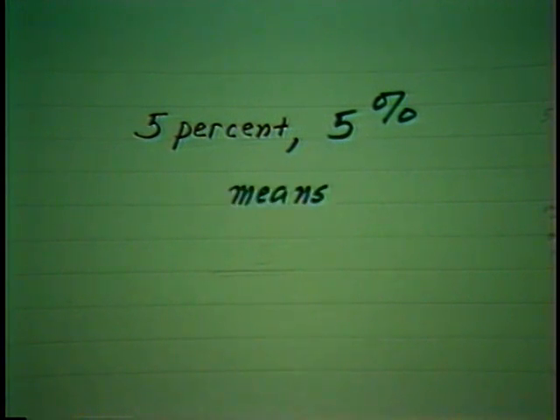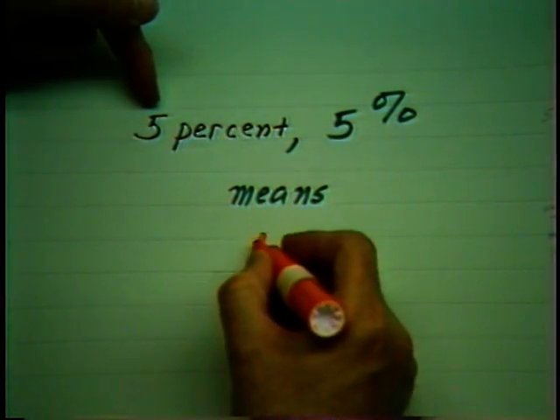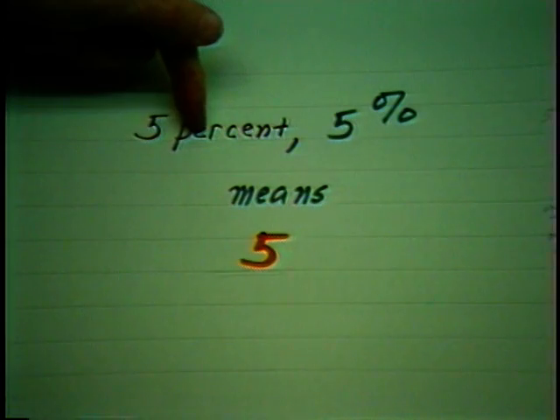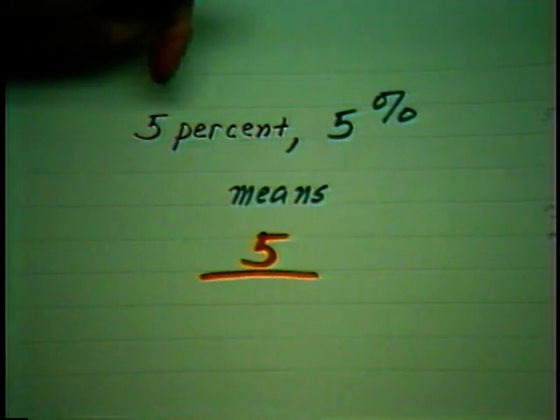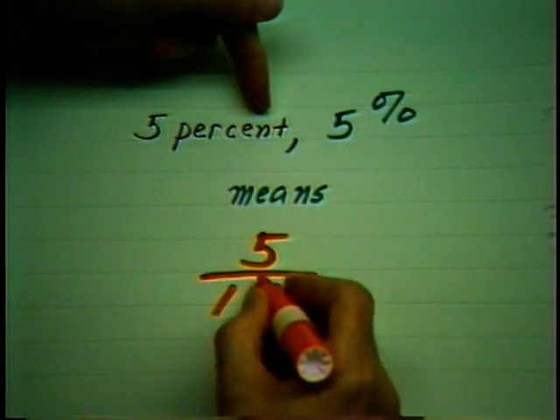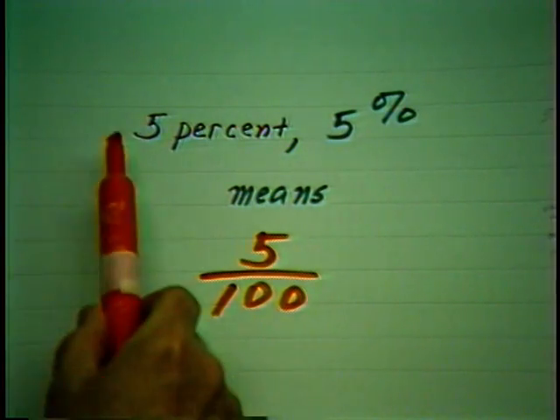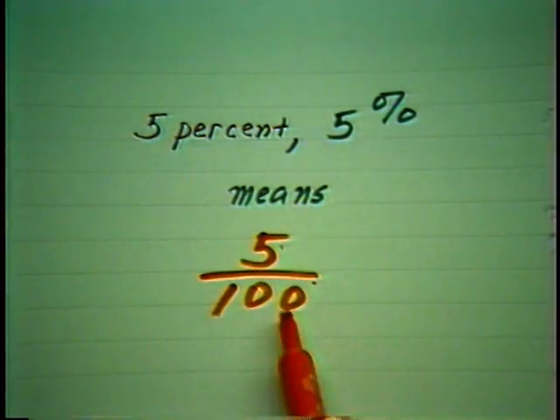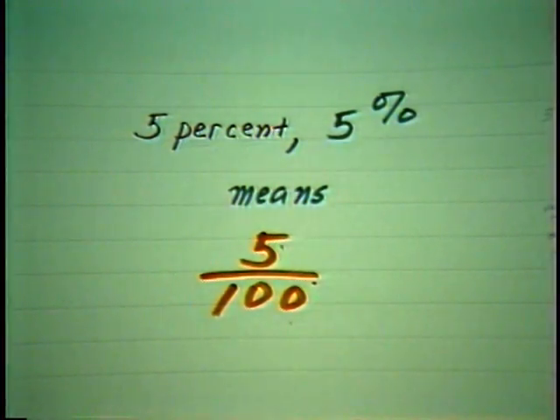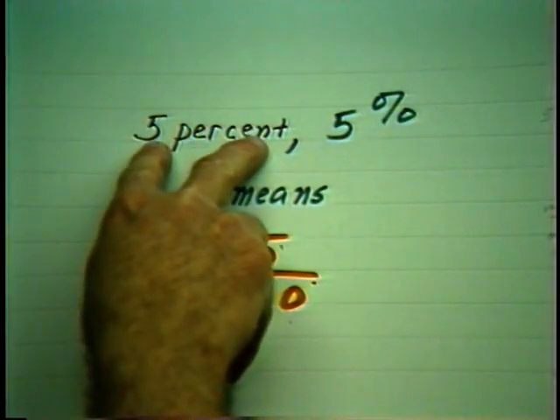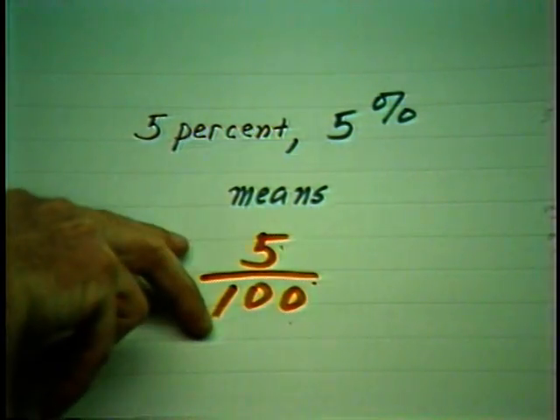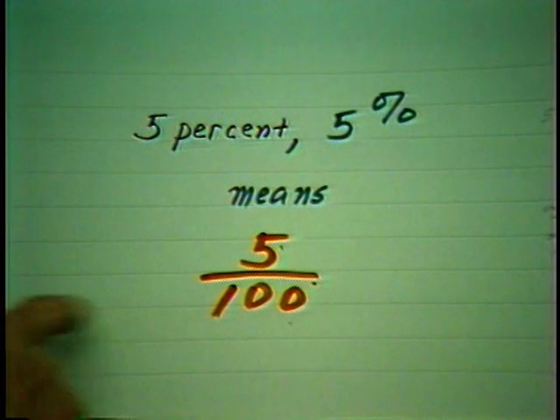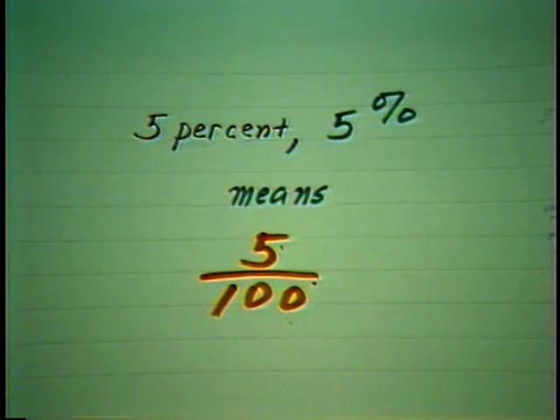And that means, when translated to mathematics, 5 per cent, 5%. And if you get in the habit of treating this as though you're just writing from one language to another language in which you write things differently, again, it's going to make our business of percents a great deal simpler.